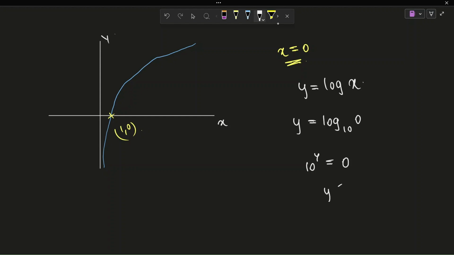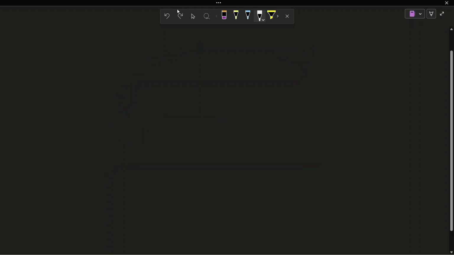Now when y belongs to real numbers, this is impossible, meaning that a solution does not exist. That's the reason why x cannot equal 0. That's how a logarithmic function is formed.